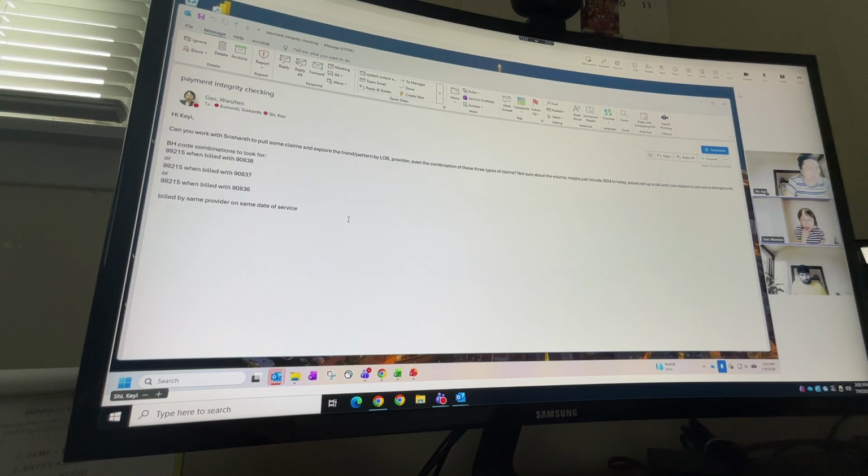And then when they submit claims, they're going to have one add-on in addition to the EM code, which is 99215. 99215 is, I think, the highest acuity level. But they will also bill another claim line, using one of those three, 90836, 7 or 8.